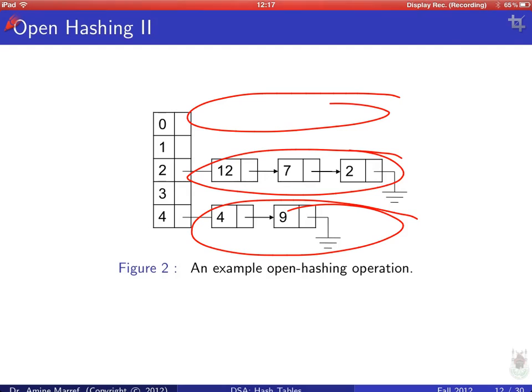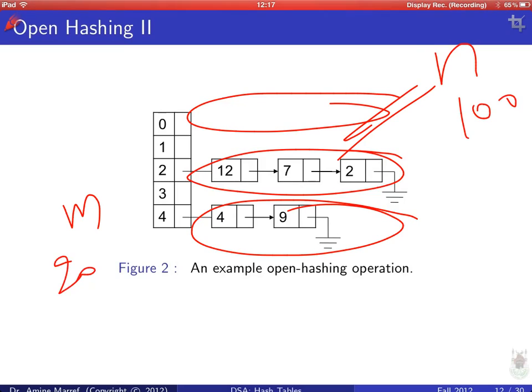So if the size of the hash table in open hashing is, let's say, 10 times smaller, 20 times smaller, or 50 times smaller than the dictionary size, then we will have a performance better than or equal to the AVL tree.